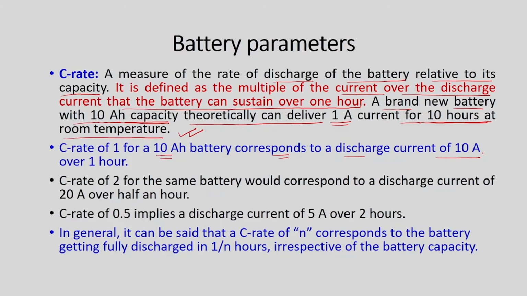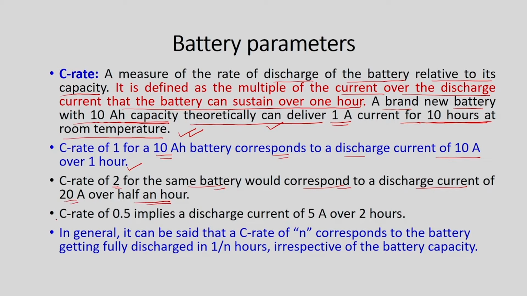For example, C rate of 1 for a 10 ampere hour battery corresponds to a discharge current of 10 ampere over 1 hour. For the same battery, C rate of 2 would correspond to a discharge current of 20 ampere over half an hour.